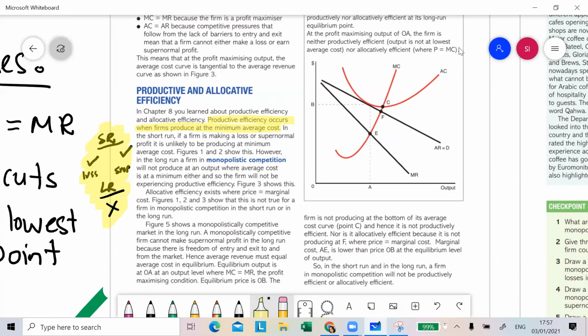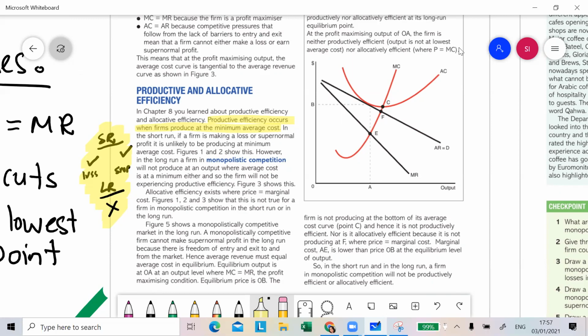We are taking the minimum point, but it is not equal to AR at that particular point. So that's why they're saying they're not producing the product at the lowest of the AC.